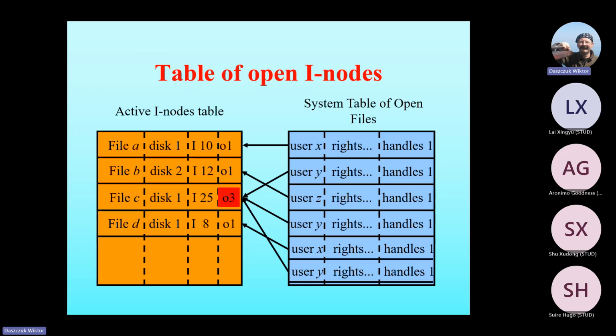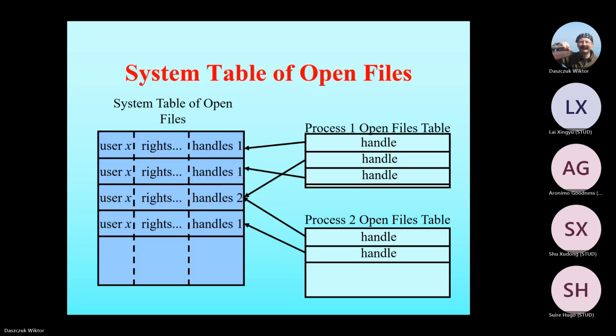A new entry is made in system table of open files, but here we only increase the open count for this file. This picture shows how the right-hand tables cooperate, but now we finish our today's lecture.